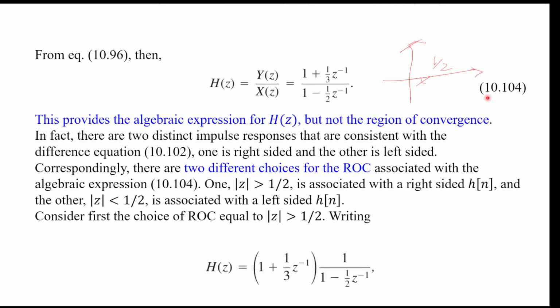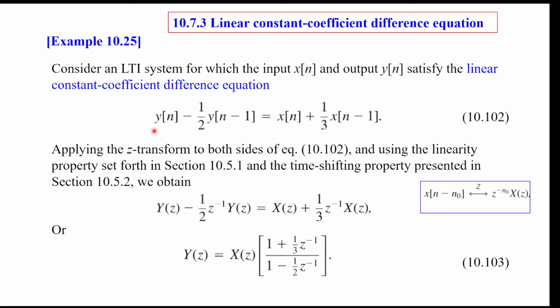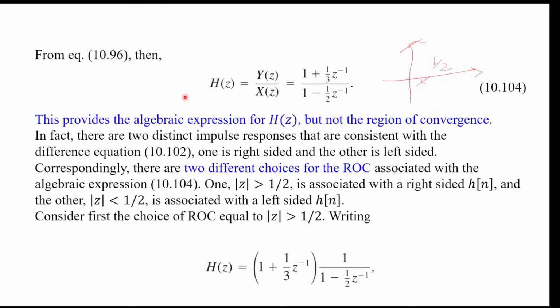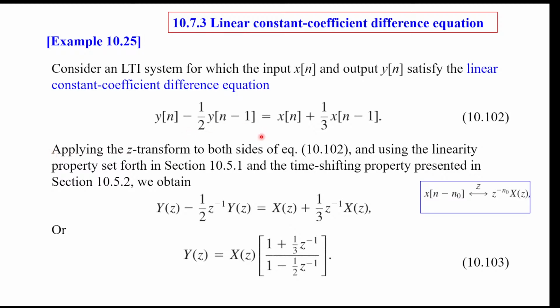Just like with the Laplace transform, we see that the equation only gives us the algebraic part of H of z. So these don't totally determine the system function, because we still need the ROC. This is very reasonable because the difference equation itself doesn't determine the system.